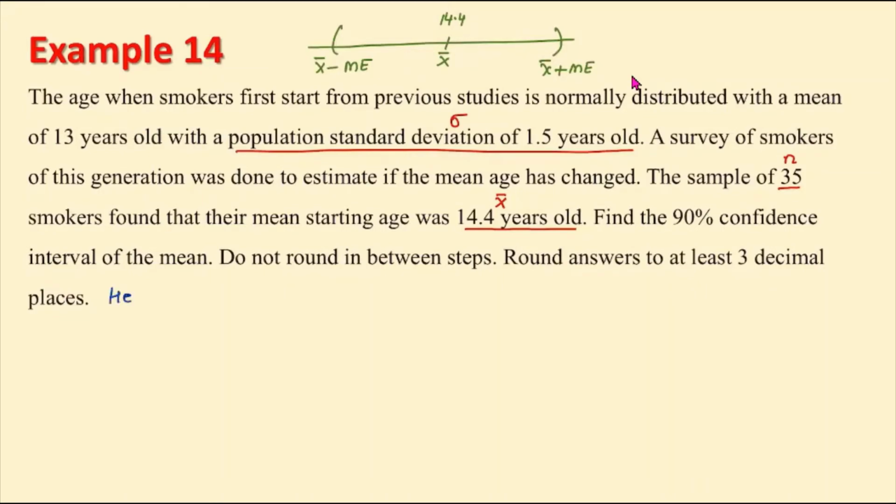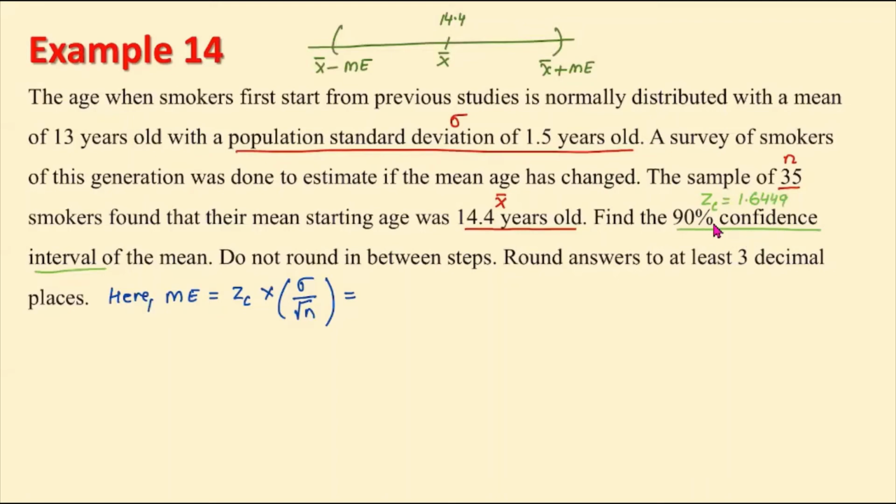The margin of error is equal to z sub c times sigma over the square root of n. For the 90% confidence interval, z critical, z sub c, is 1.6449. We know this from example 1.